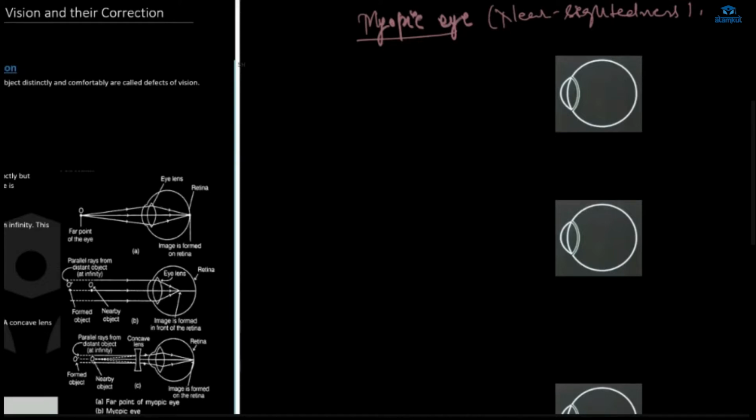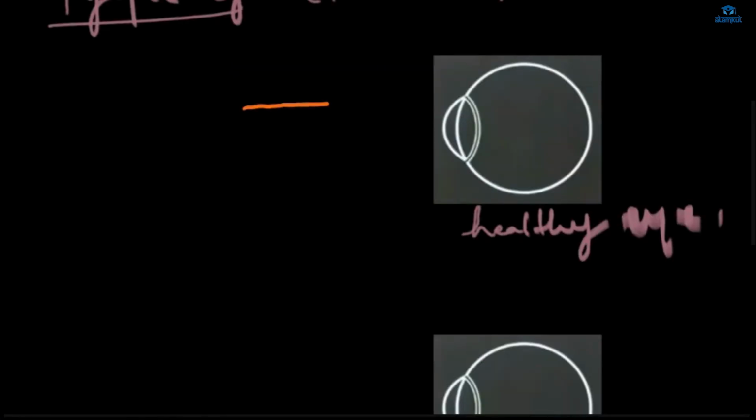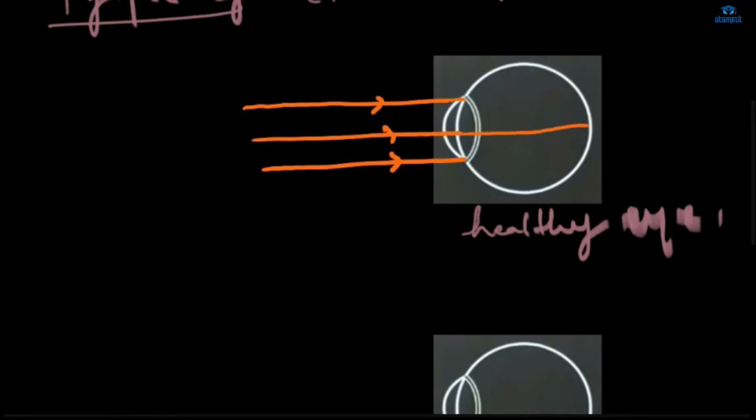Let this eye be a healthy eye. If this is our healthy eye, then it can see things clearly, and the sharp image will form at the retina. This is your healthy eye.